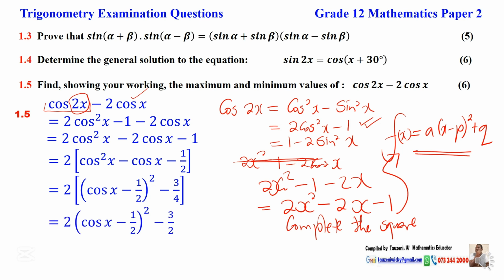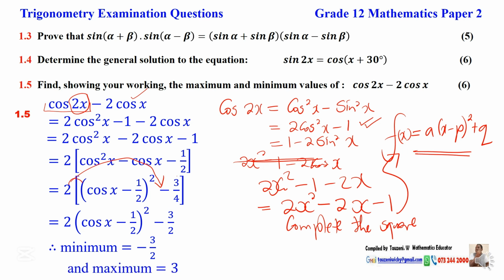So after completing the square, we can then figure out what our answer is. This 2 multiplies here and multiplies that last one. That's why 3 over 4 becomes 3 over 2. Then from this form, after completing the square, we can now read out what is our minimum and what is our maximum.